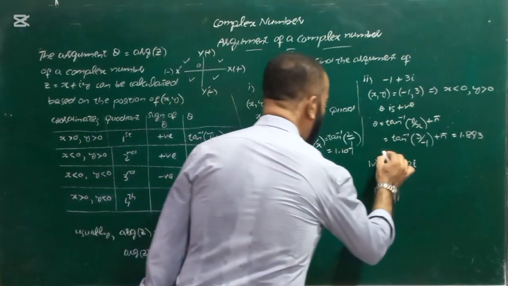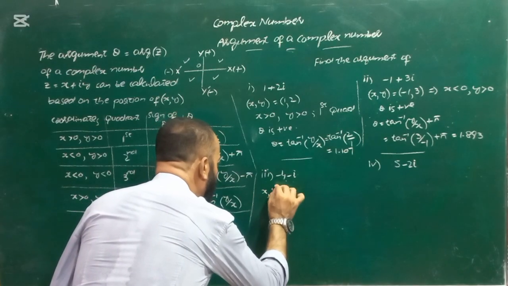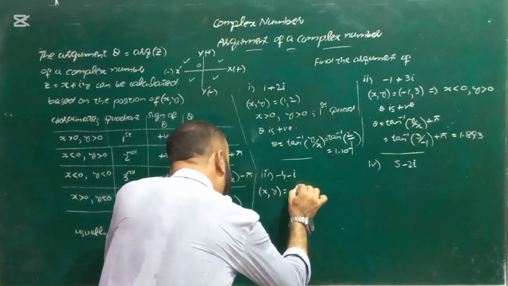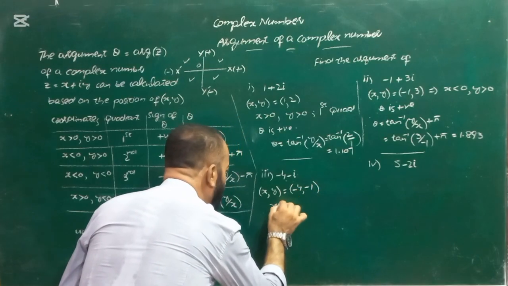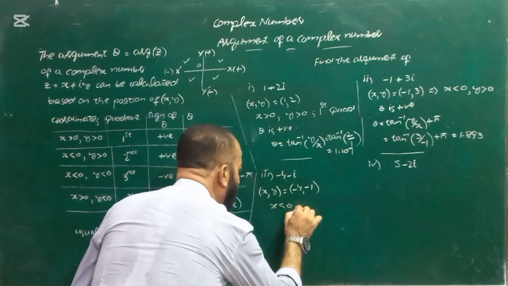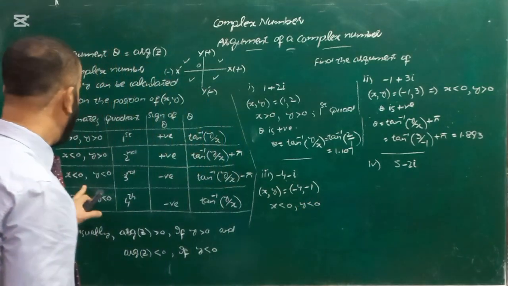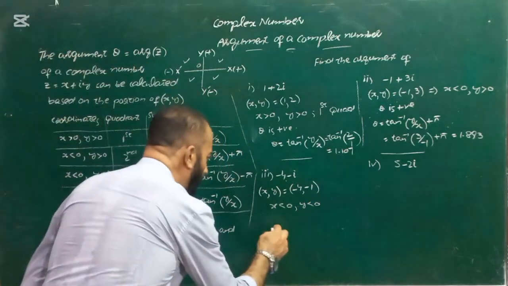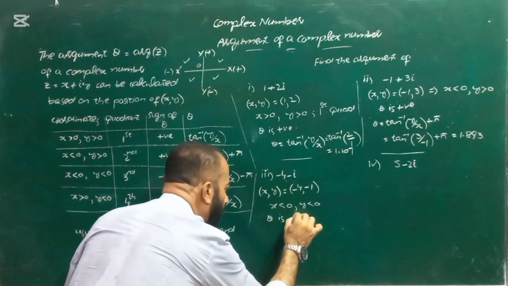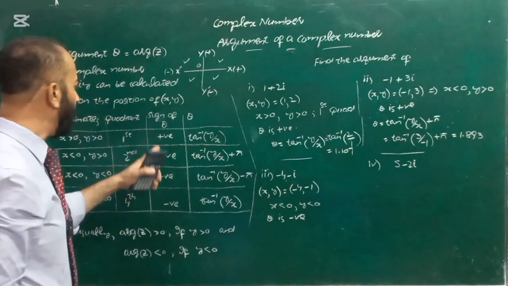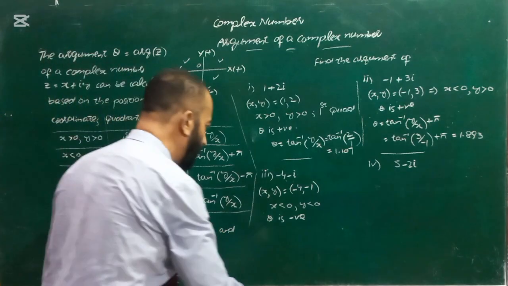Here is the third part. In the third part, you can see x, y is equal to -4, -1. So x is lesser than 0, and y is lesser than 0, so it will be third quadrant and theta will be negative. In first and second quadrant, theta is positive, and in third and fourth quadrant, theta will be negative.